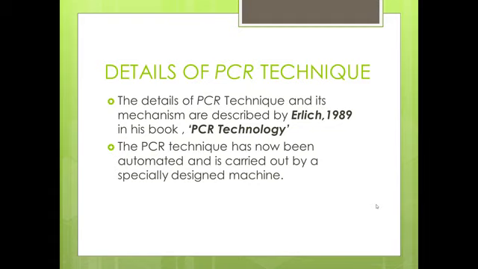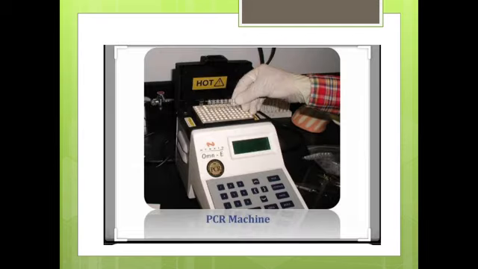Now, let us look at the details of how this PCR technique is done, and what are the various steps involved. The details of this PCR technique and its mechanisms were described by Ehrlich in 1989 in his book Polymerase Chain Reaction Technology, or PCR technology. The PCR now is fully automated.